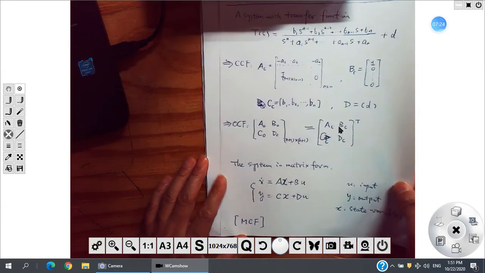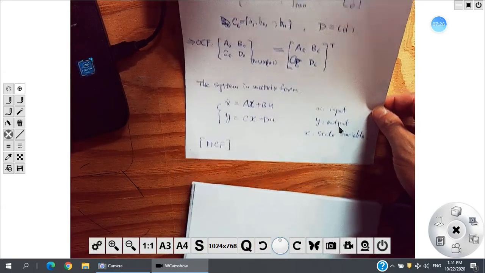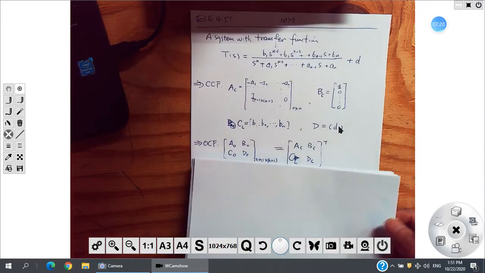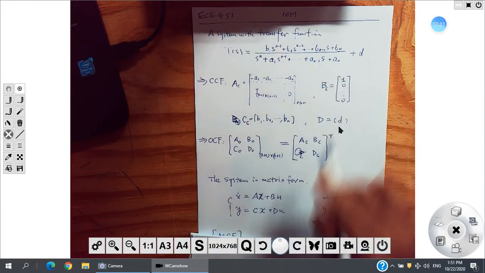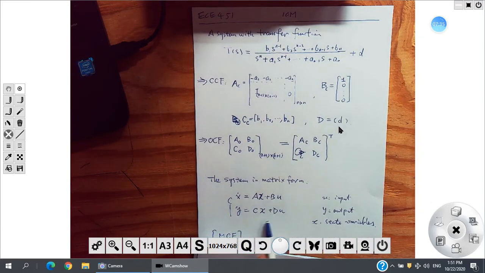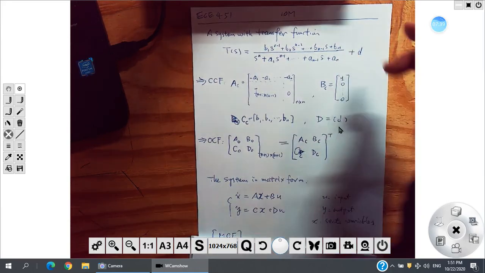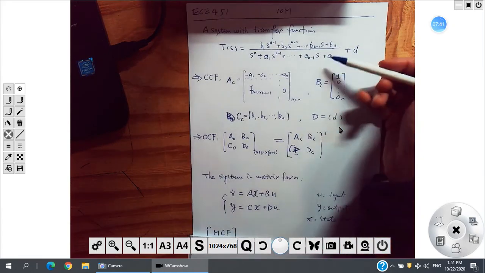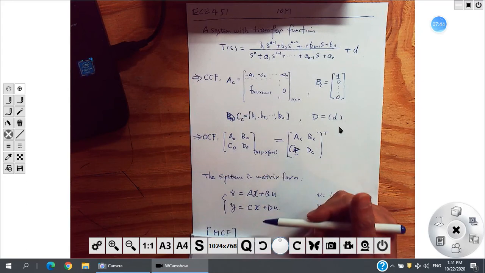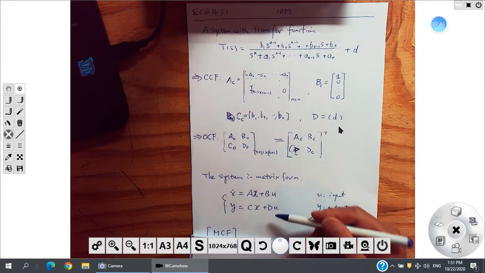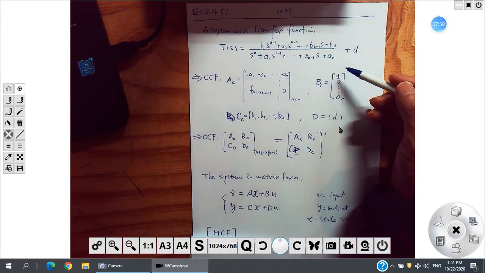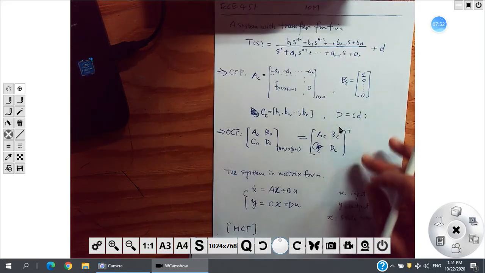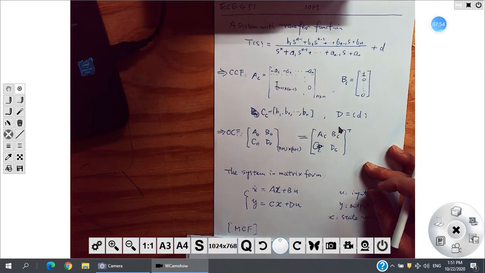Okay. And here, actually, we have more information. We can think of this in a reverse way. Suppose we already know a system in matrix form, can we find the transfer function? So far we worked this way: we have the transfer function, then we have the matrix form. Now if we already have the matrix form, can we find the transfer function? Well, for CCF or OCF, we will say yes, and that's quite simple.